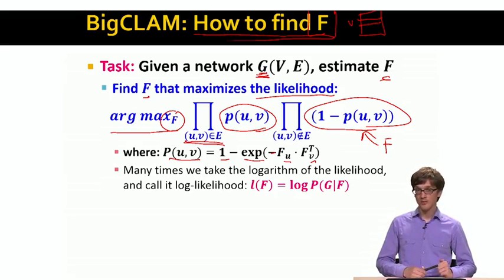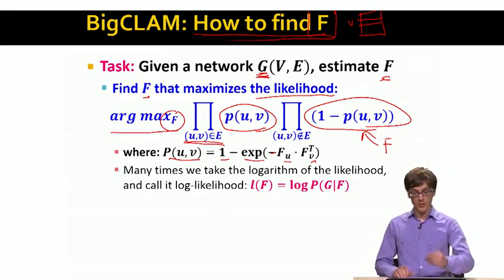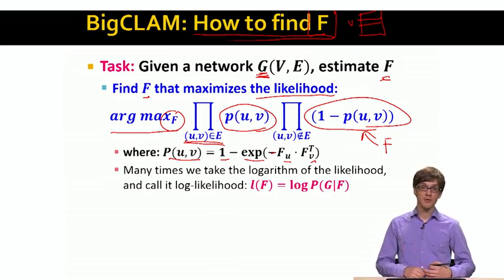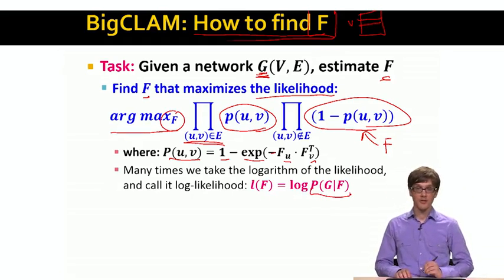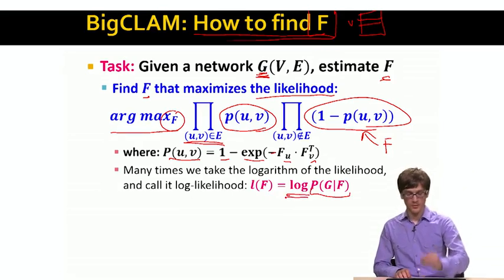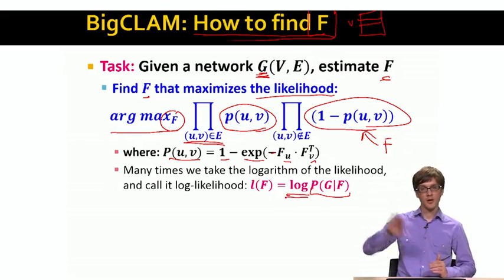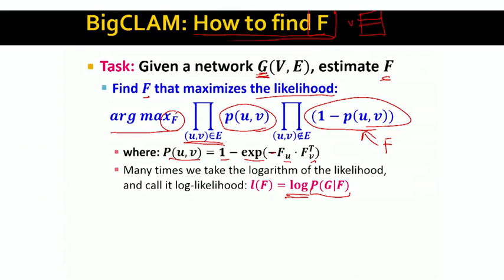The second, more important reason is that when multiplying small numbers, the numerical errors start to add up and propagate. If we are summing small numbers, the numerical errors are not so severe. So working with the log likelihood is always preferred over working with the raw likelihood. So rather than working with the probability of a graph given F, we will work with the logarithm of that probability. And given that the logarithm is a monotone function, everything is still the same.